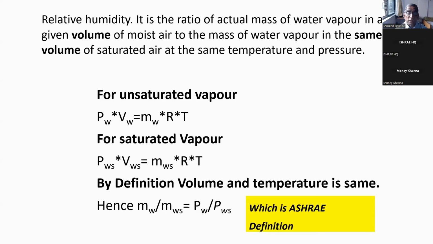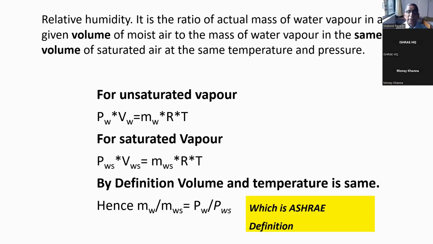So if I use this definition, then the ratio of the mass of water vapor present in the air divided by the maximum mass of water vapor that can be present under the same temperature, total pressure and volume will become PW by PWS, which is the ISHRAE definition.